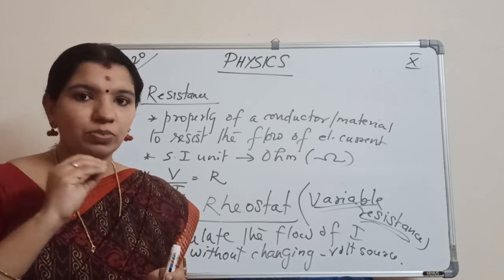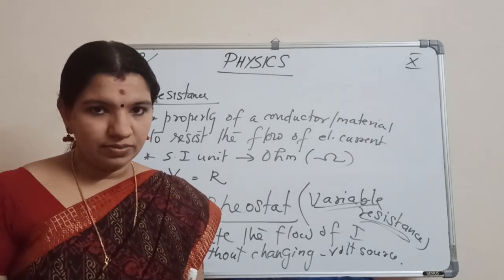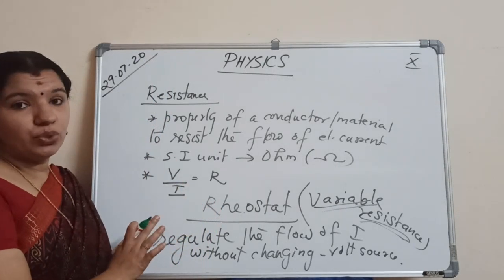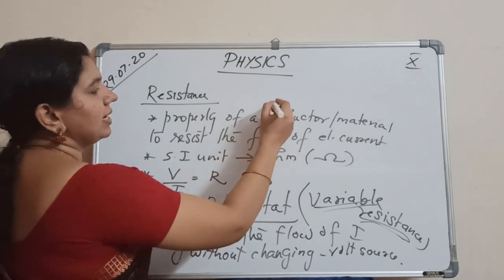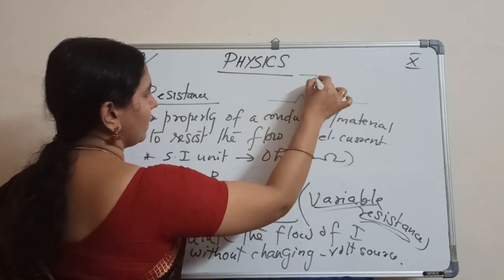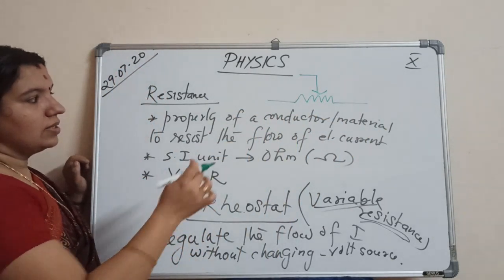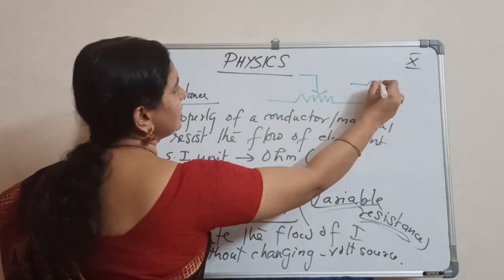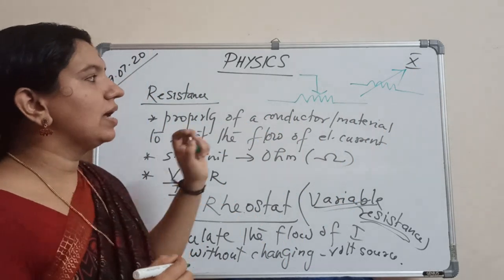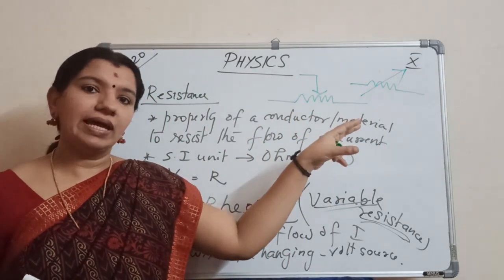Okay. Now we will move to the symbol of rheostat. The symbol used to represent rheostat is like this. Or this is also used, which means that the resistance can be varied.